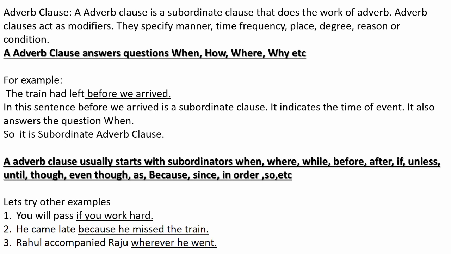Third, Rahul accompanied Raju wherever he went. So form a WH question to get the subordinate clause as the answer. The subordinate clause is wherever he went. So where Rahul accompanied Raju. It is an adverb clause as the question starts with where.